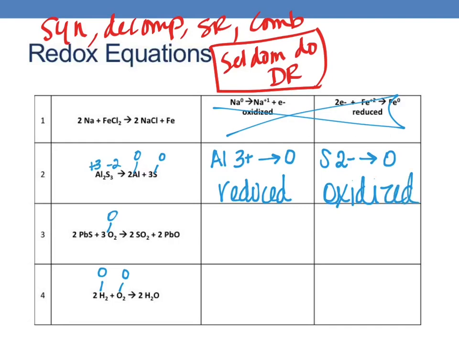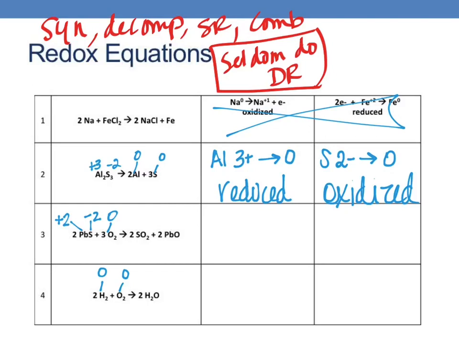So go do it for the next one. Pb and S. This is an ionic compound, so sulfur's charge is a -2. So lead's oxidation number has to be a +2. Those other numbers don't matter. We're ignoring coefficients.